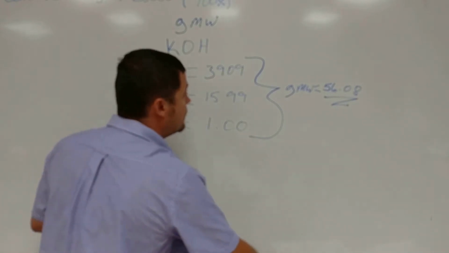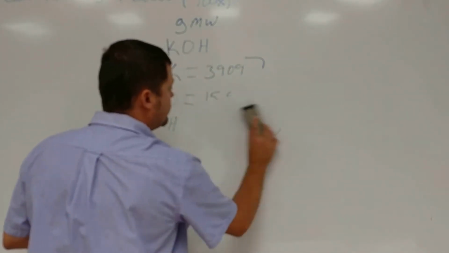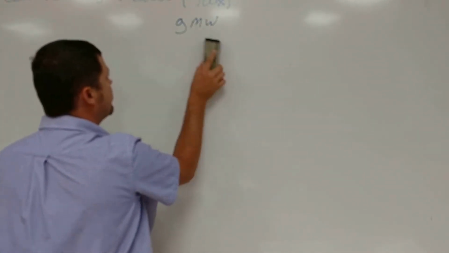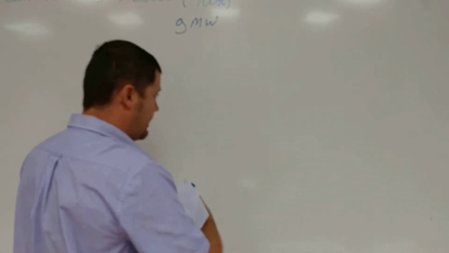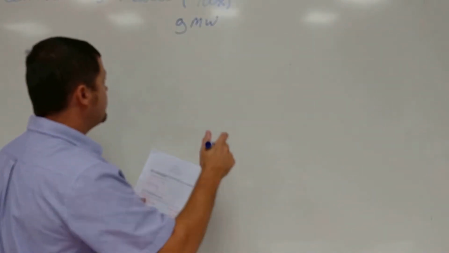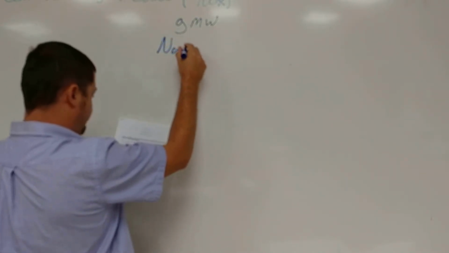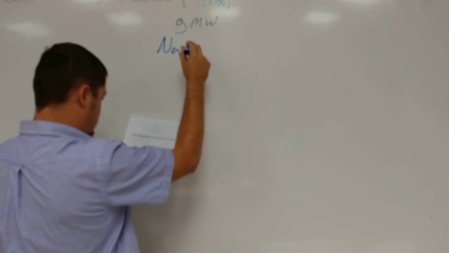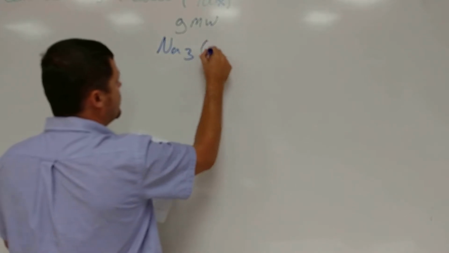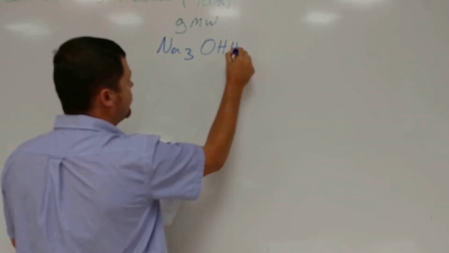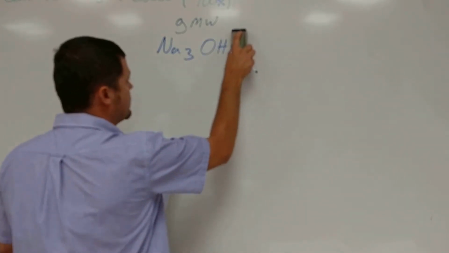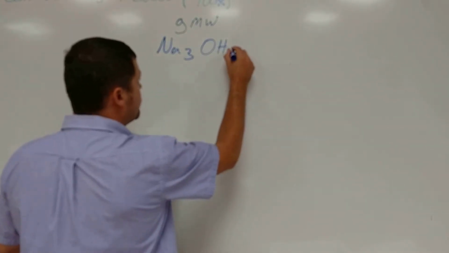All right, now let's go a little bit further with that, and let's say we have a compounded chemical. Let's look at Na3OH4. Oh, that's supposed to be a subscript 4.